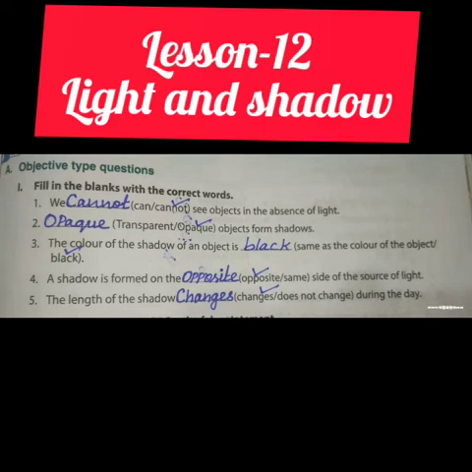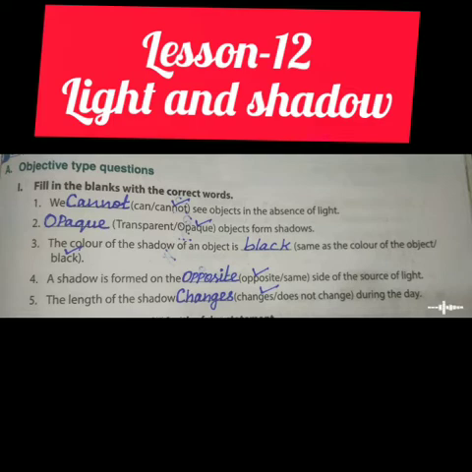Fourth one, a shadow is formed on the dash side of the source of light. Bracket, opposite or same. The answer is opposite. A shadow is formed on the opposite side of the source of light.